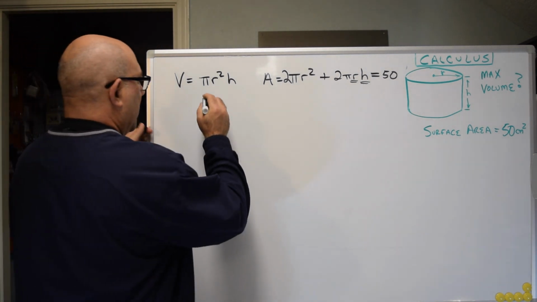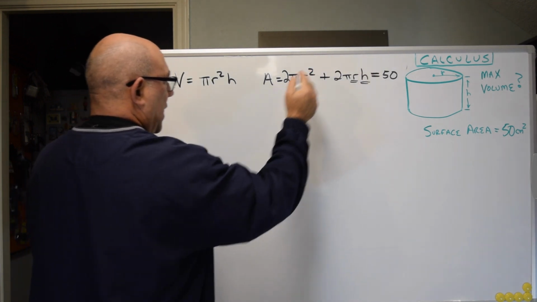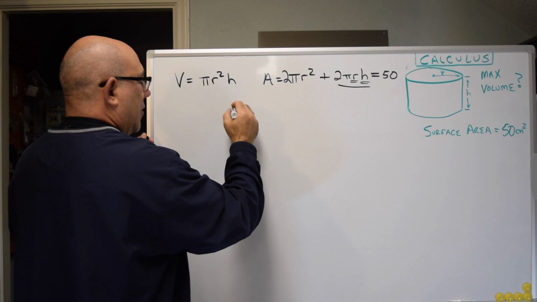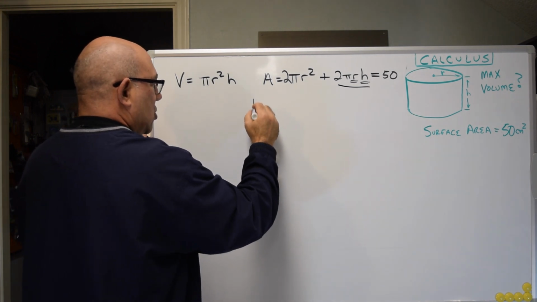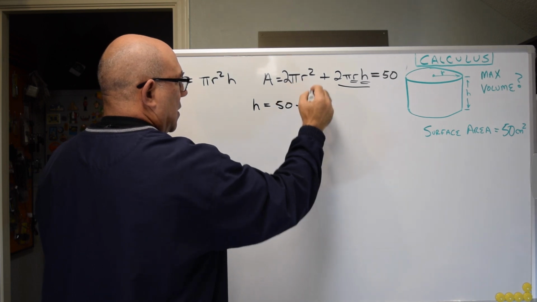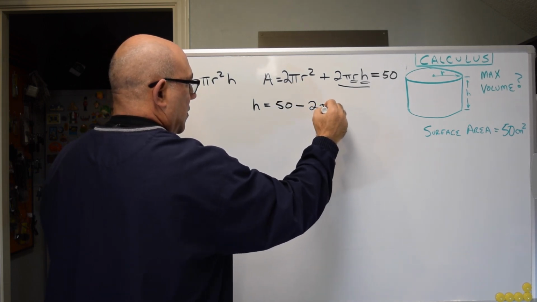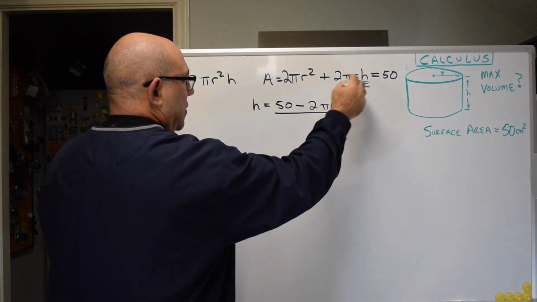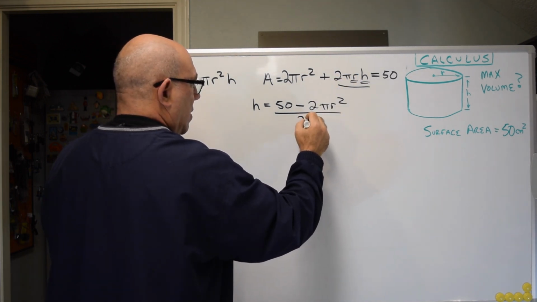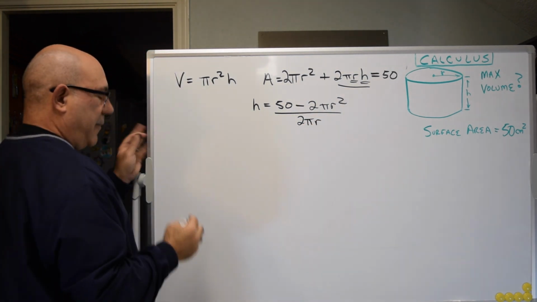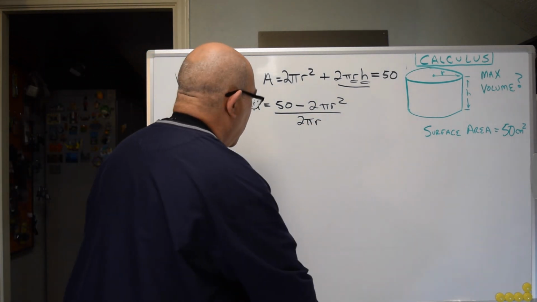If we start to simplify this and isolate h, we have h equals 50 minus 2 pi r squared, divided by 2 pi r. We can simplify that a little bit.